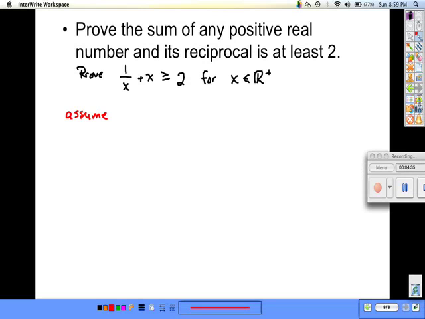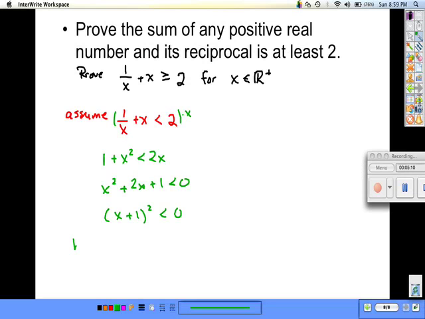So we're going to assume that 1 over x plus x is less than 2. And now we're going to try to come up with a contradiction. So we could write this as 1 plus x squared less than 2x. I'm multiplying by x up here. And then we have x squared minus 2x plus 1 is less than 0, and this factors to x minus 1 squared is less than 0.